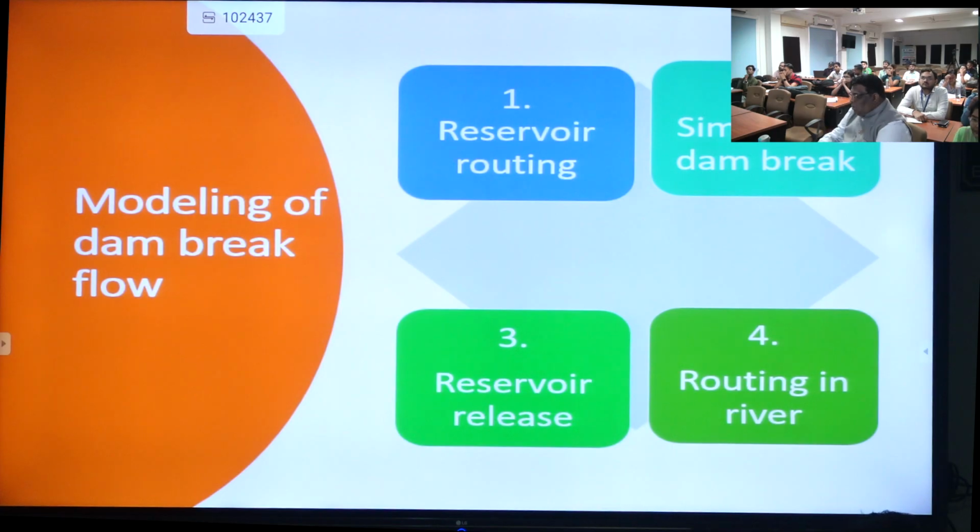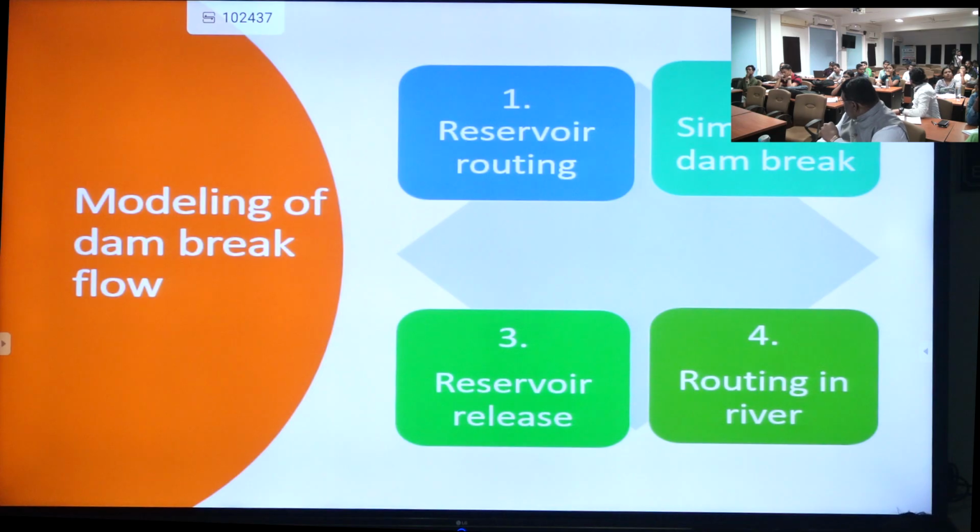Number one, imagine there is a dam with a reservoir on its upstream side, and on the downstream side there is a channel. The first thing is, if due to rainfall some flow is entering the reservoir, how that flow will reach the dam, the reservoir dam.